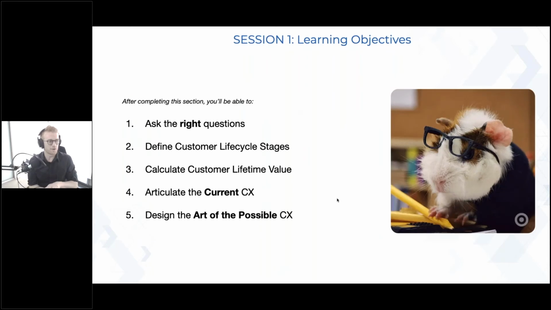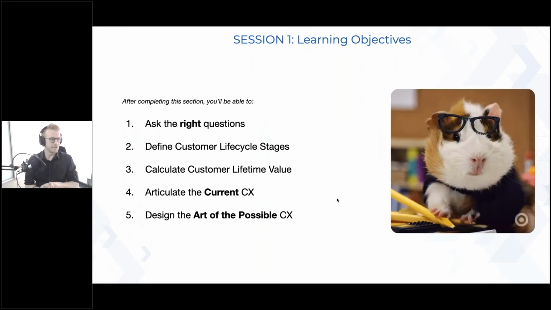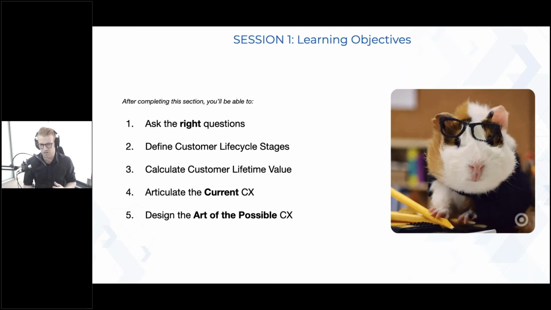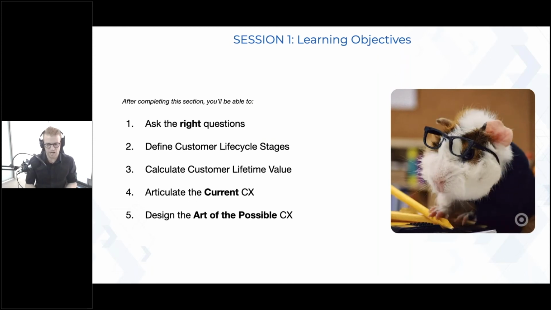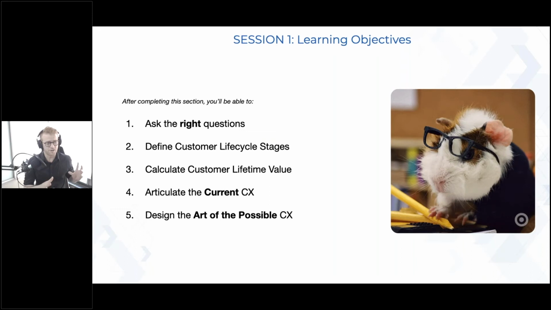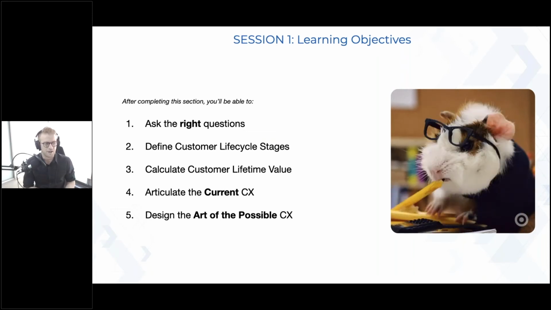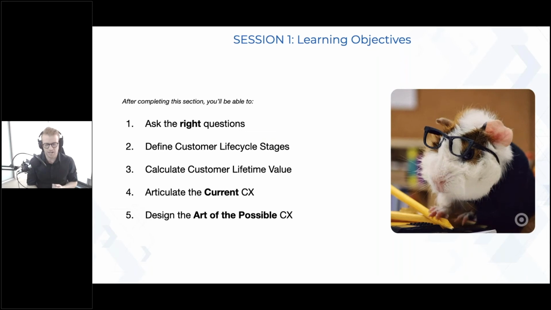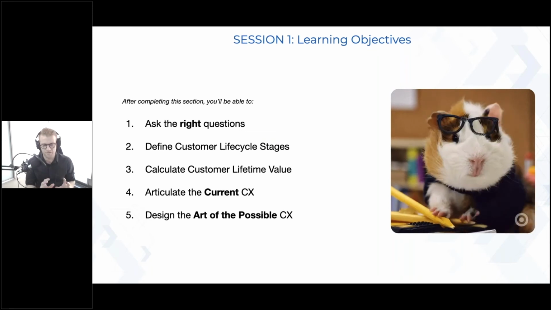Great, so what we're going to learn today is how to ask the right questions. What do you actually need to ask to help you do this job of designing a customer experience? We'll talk through how to define different customer lifetime or life cycle stages. Then we'll go through customer lifetime value, which I'm very passionate about.